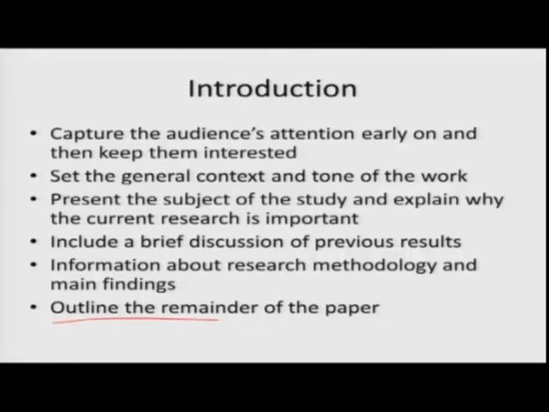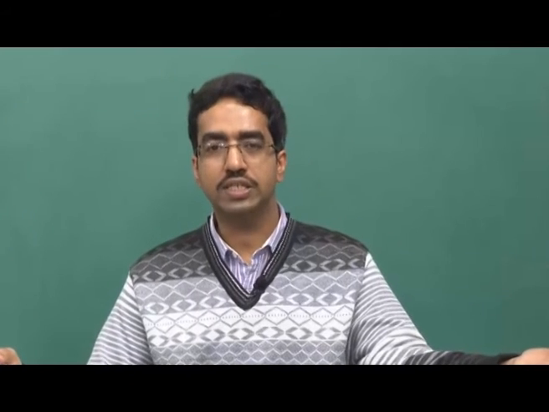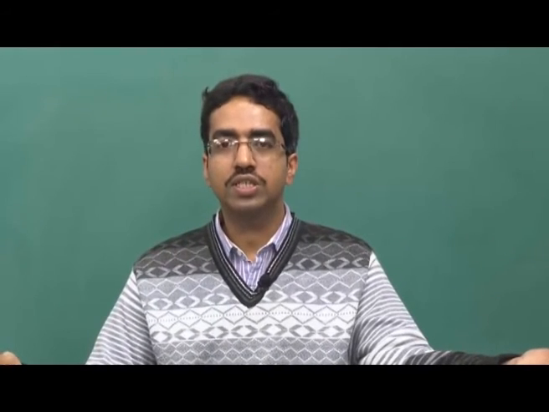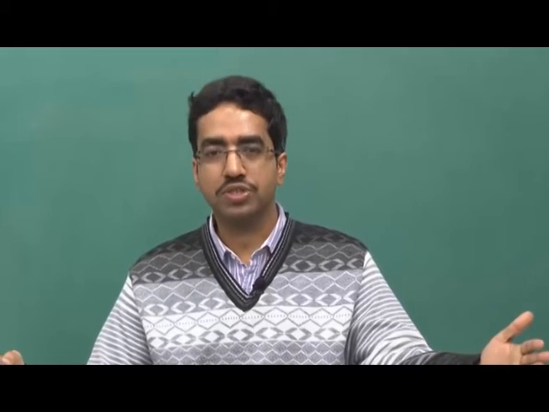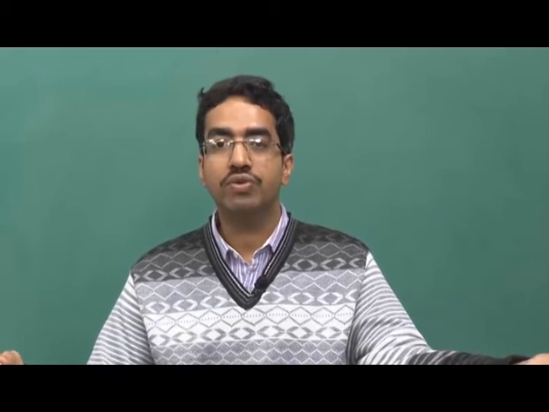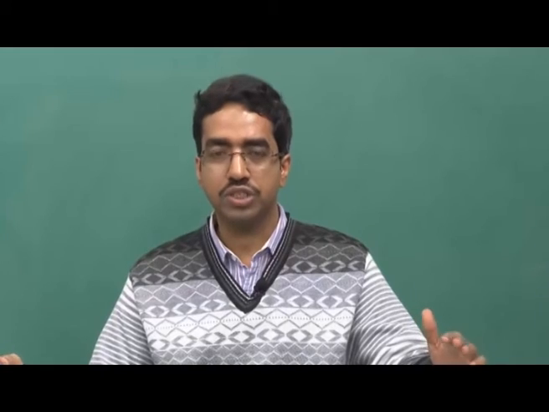Another important thing is that you also outline the remainder of the paper, just as you would do in a dissertation. In dissertations you have chapters. In a research paper you have sections and subsections.